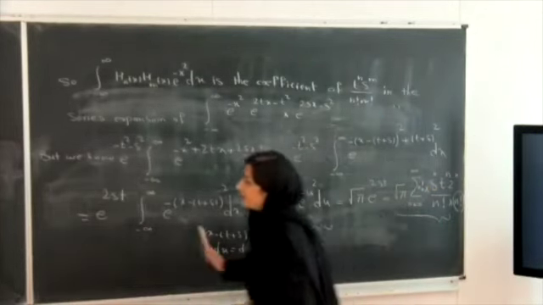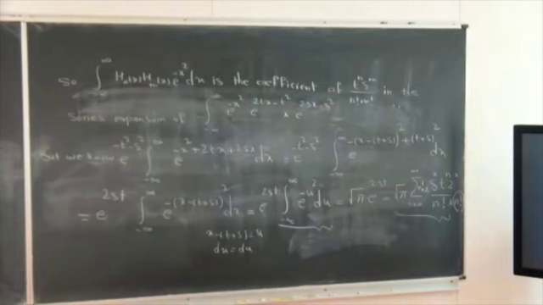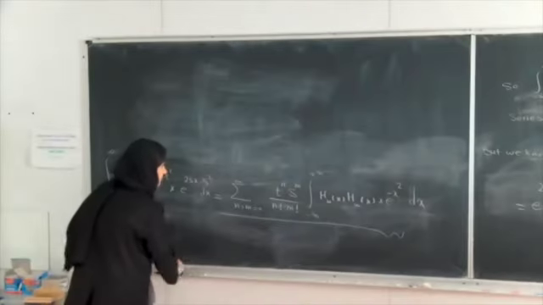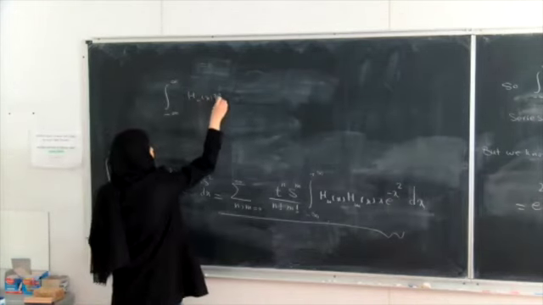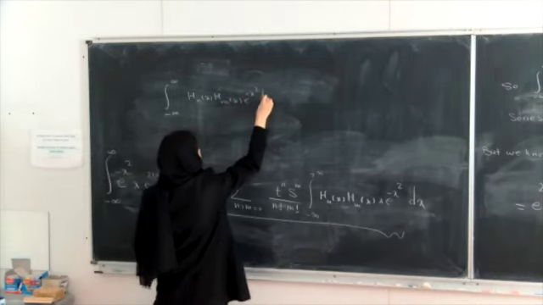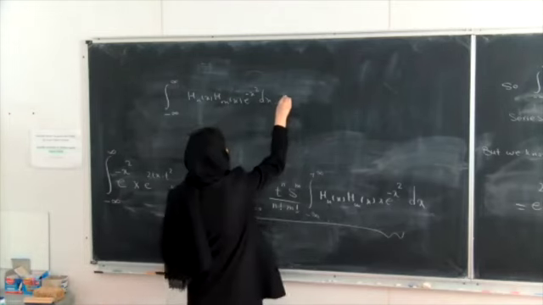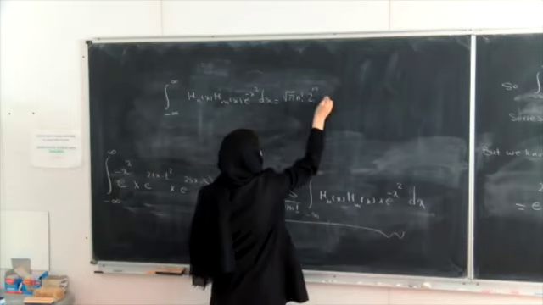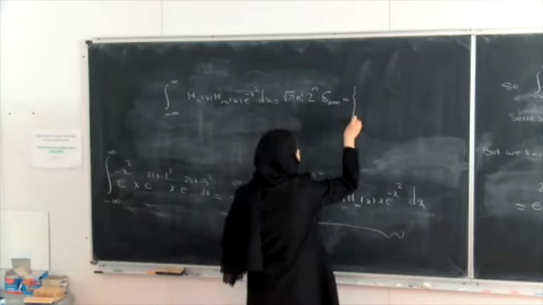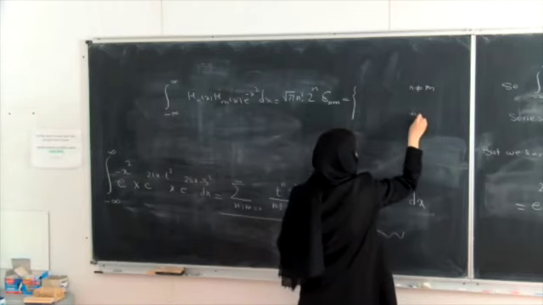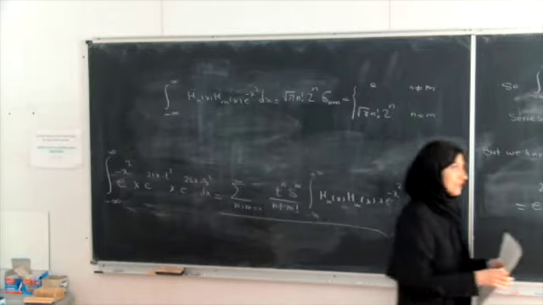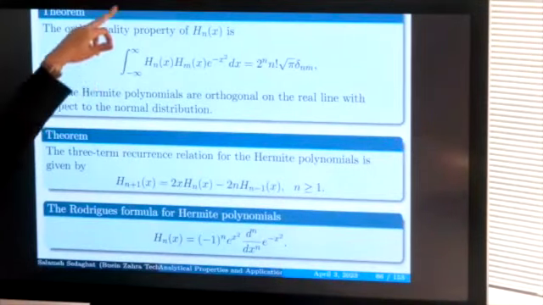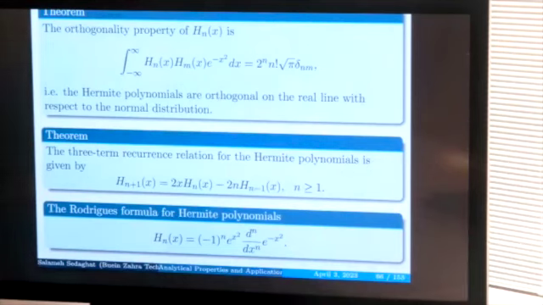This shows the orthogonality properties for Hermite polynomials on the interval minus infinity to infinity.